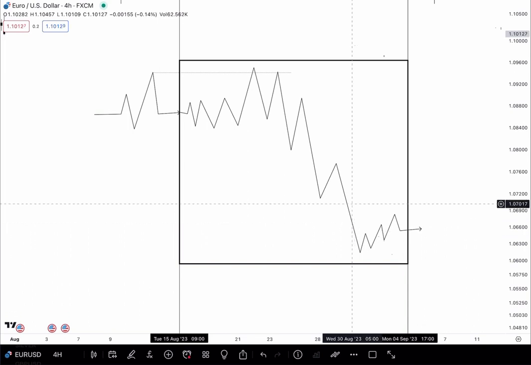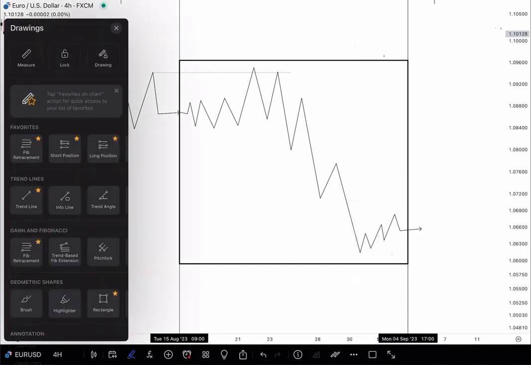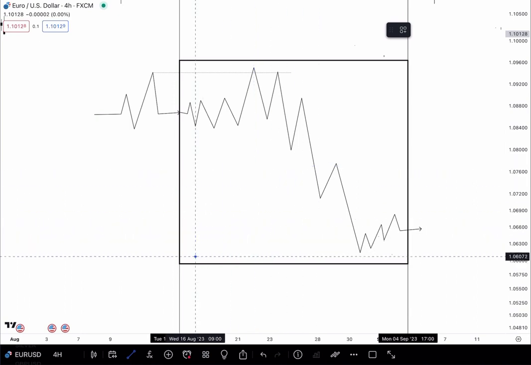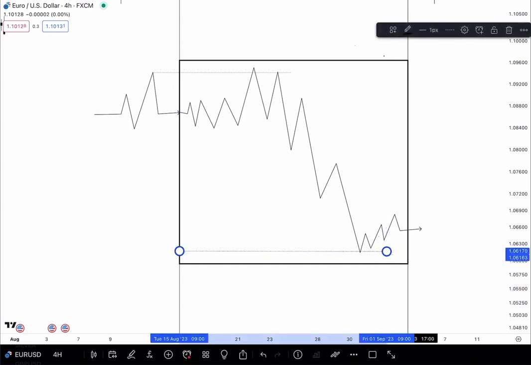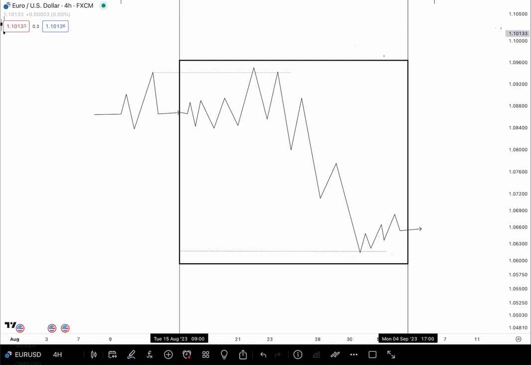And of course it bounces off the lower end of the range, also off of a key level and a liquidity pool, right? Either an existing liquidity pool or a newly formed liquidity pool, right? That's the basic idea.